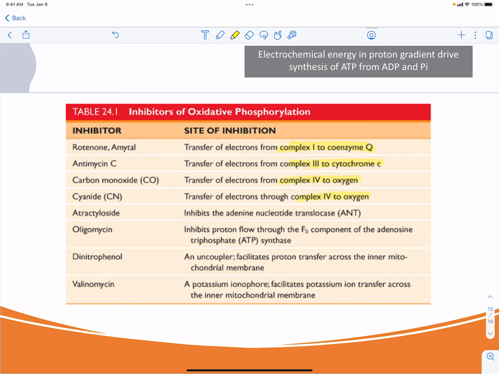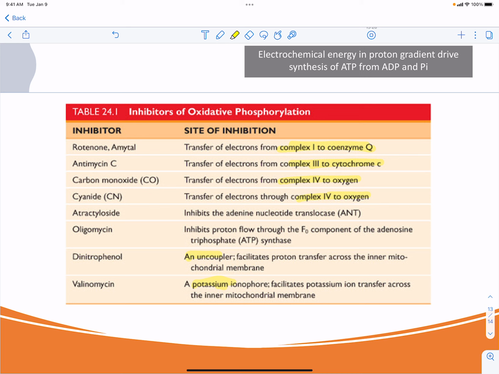We have dinitrophenol, which is an uncoupler that we'll talk about. Valinomycin, which is also a type of uncoupler. However, it is working through another charged ion, potassium, rather than hydrogen, but it's going to have the same effect. It's going to move the positive charge, and it's going to decouple the electron transport chain. And then there's a few others.